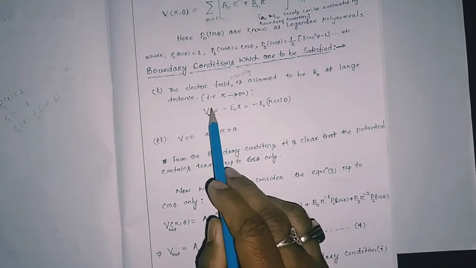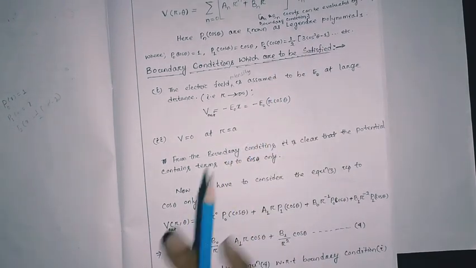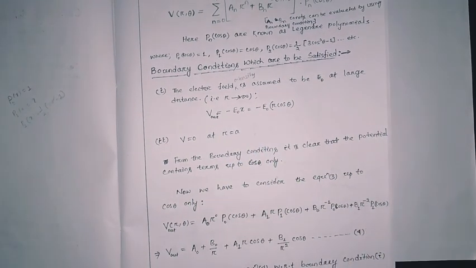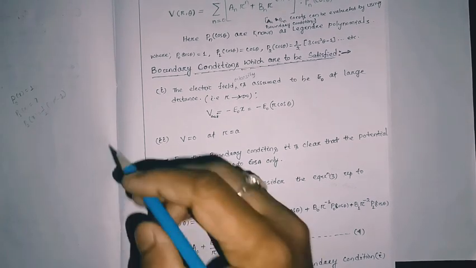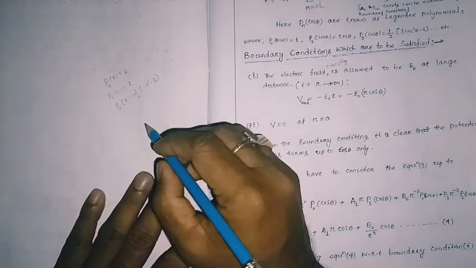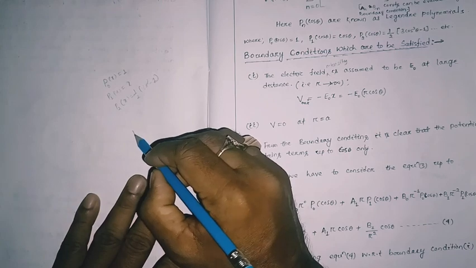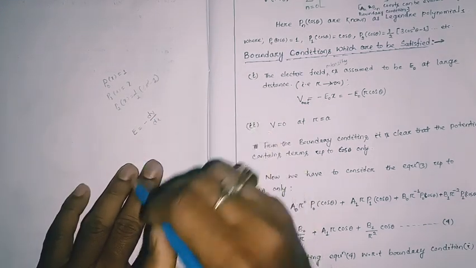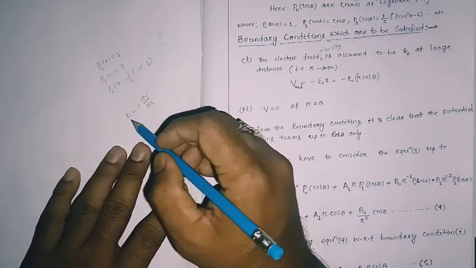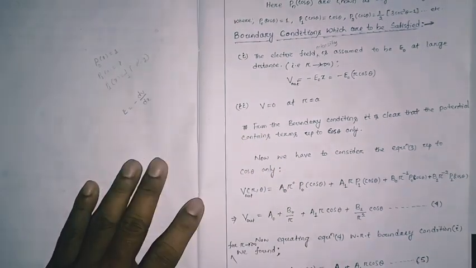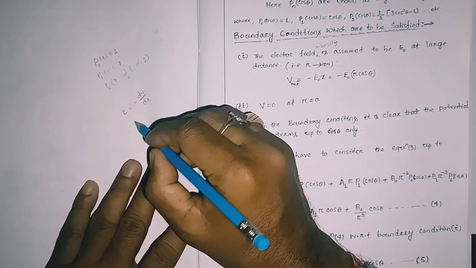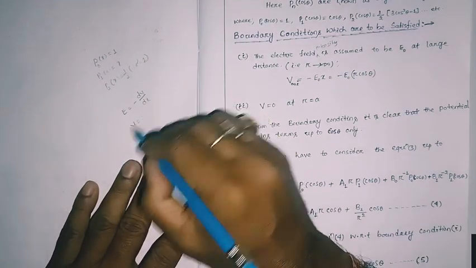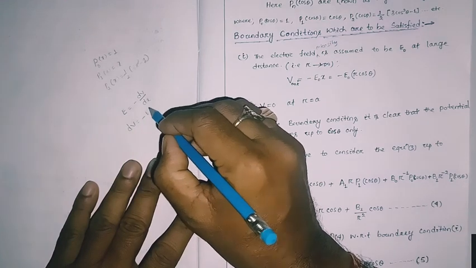Okay, now V out, the potential outside, will be equal to minus E0 x. How is it? Because we know that E equals minus dV by dx. So dV will be equal to minus E dx.